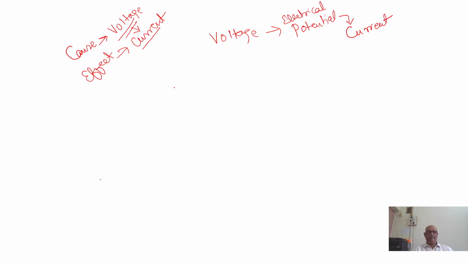So let's take an example. Now, coming to electrical engineering, the current is the flow of the charges. So if I take a simple circuit here, where there is a voltage source. Now we are saying here a voltage source.